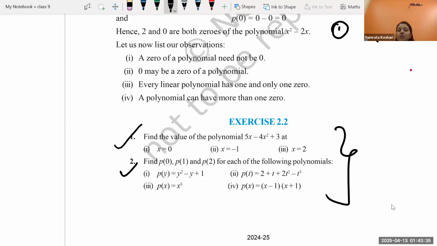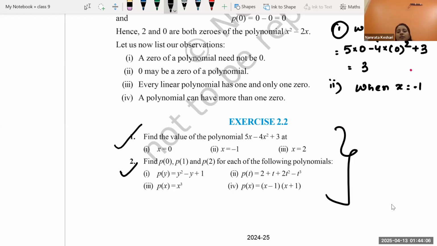So what will be the value when x is 0? We will have 5 into 0 minus 4 into 0 square plus 3. The answer will be 3, just 3. Perfect.